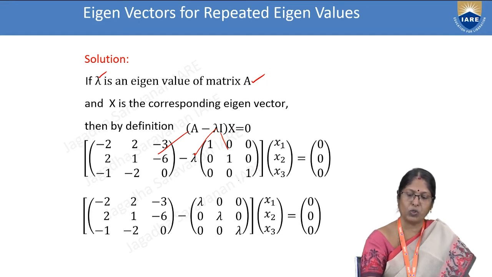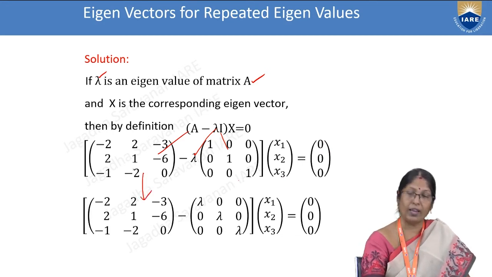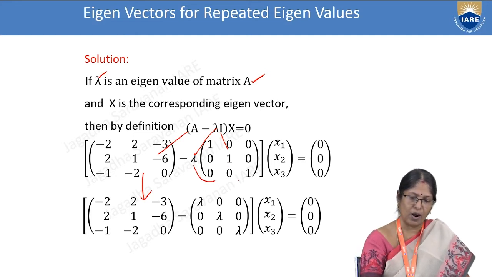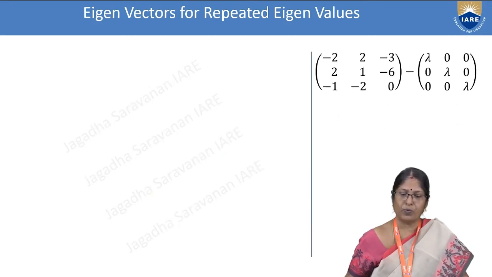We have taken x1, x2, x3 equal to 0, 0, 0. Now this is written as it is. We are not doing anything, simply we wrote the minus. But here we are taking the lambda inside: lambda into 1, lambda, lambda into 1, lambda into 1, lambda. So this is the matrix we got.